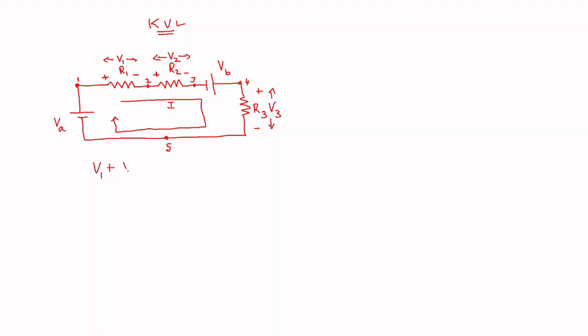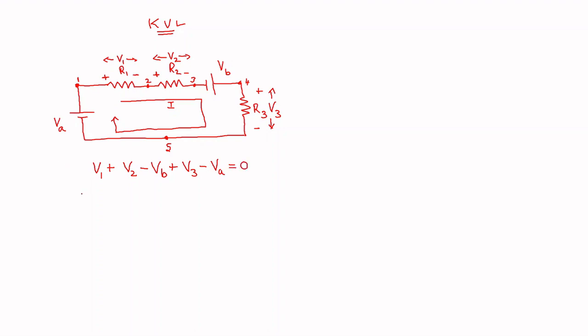Now for V2 also, I meet the positive polarity first, so it is plus V2. When I cross this, I meet negative polarity first, so it is given minus sign, so minus VB. Here it is again plus V3, and when I go through VA, I encounter negative polarity first, so I give minus to VA, so minus VA. So sum of all potentials is equal to 0.